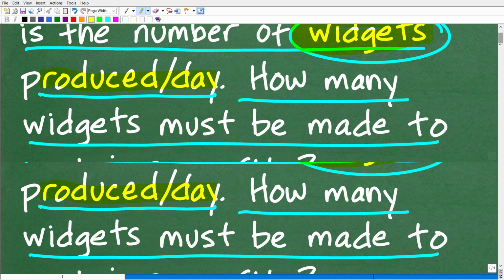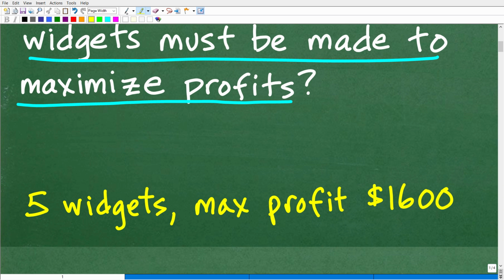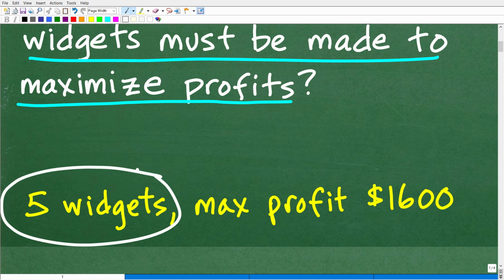And let's go and take a look at the actual answer. That optimal amount is 5 widgets, and that would correspond to a maximum profit of $1,600. And I'm using this word optimal amount. This is actually a big topic in calculus called optimization, but we don't have to know calculus in order to solve this problem.